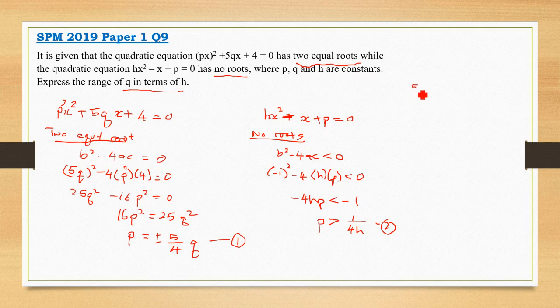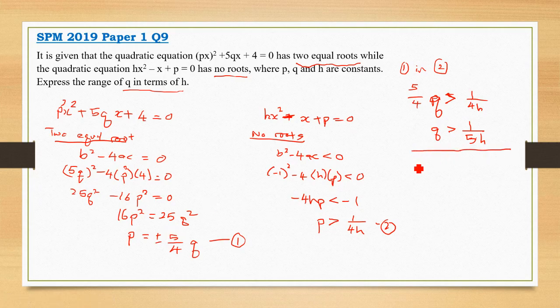So we have 1 into 2, so you have 5 over 4q greater than 1 over 4h. So what do you have? Bring it across the 5 over 4, so it becomes q less than 5h. This is your first set of answers.